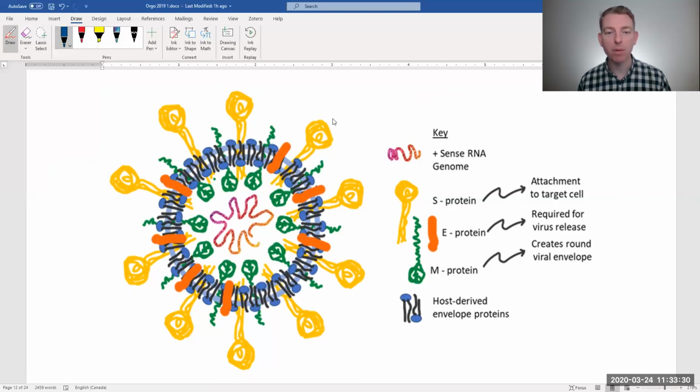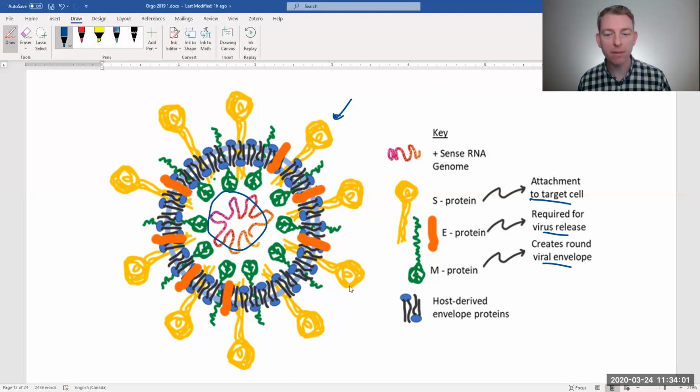We've got these proteins on the surface. This is what's going to bond to our cells to open the door and let it be taken in by the cell. So we've got attachment to the target cell required for virus release, and something else just to create a round envelope for the RNA. This is the part that's actually causing all of the damage, that's self-replicating.